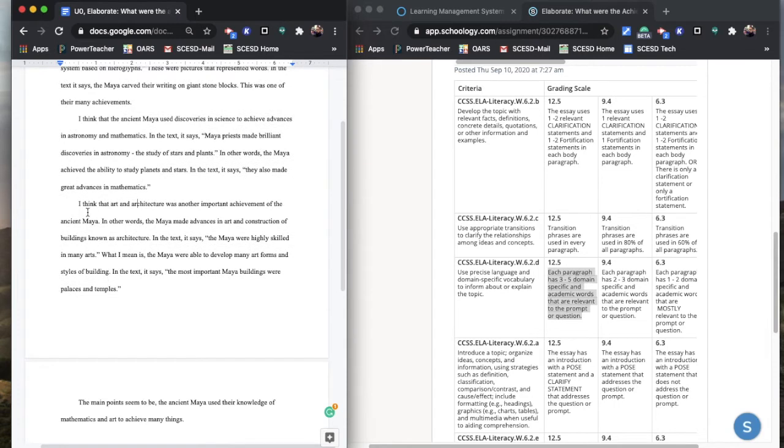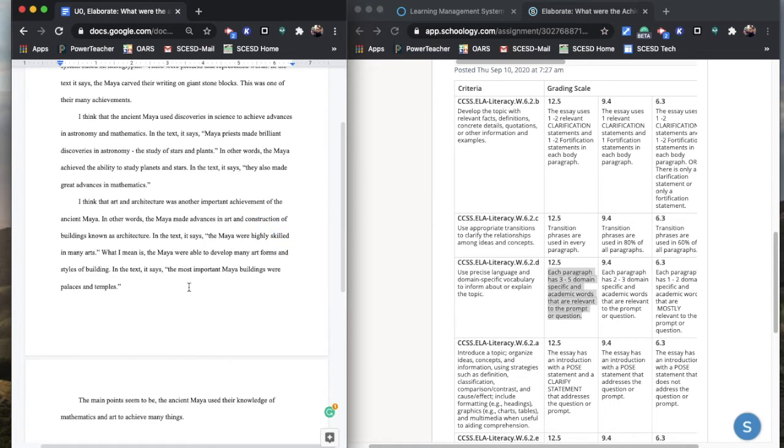Moving on to the third paragraph, architecture, that is a content-specific word and an academic word. Achievement again is in there. Maya is in there. Construction is a not domain specific, academic word as well. Highly skilled, that's another good one to have. So we got a lot of ones in there too.